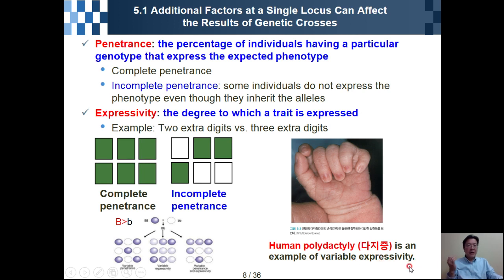Some people have one, some have two, some have three extra digits. This is what we call expressivity.